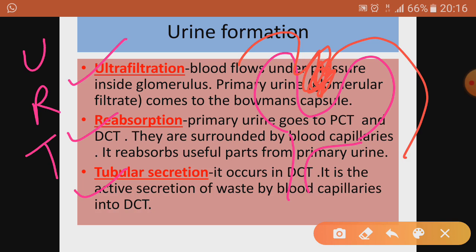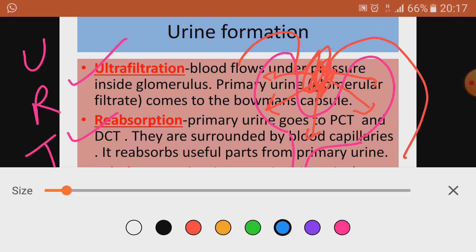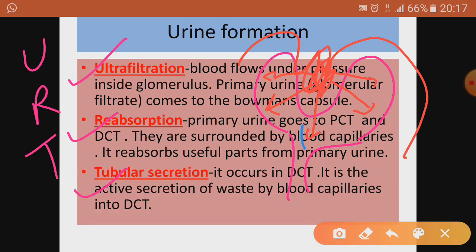Because of this, the urine comes out, because the glomerulus is there inside the Bowman's capsule, and when the blood moves in the glomerulus, the urine comes out into the Bowman's capsule.